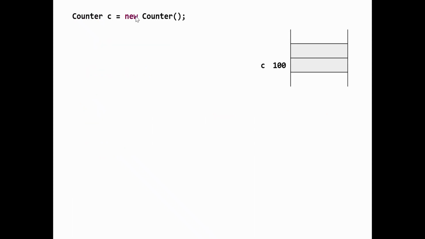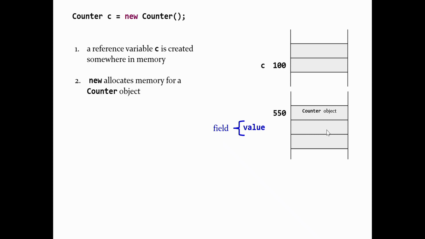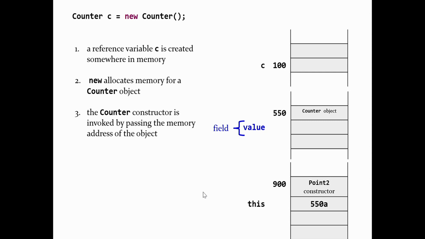One more time, what happens? When you write that, a variable c gets created somewhere in memory. New runs, so a counter object appears. The counter object is just a copy of the class. Our class has a field called value, so the field called value appears in memory. The constructor now runs. When a constructor runs, it takes room in memory, so it appears somewhere.